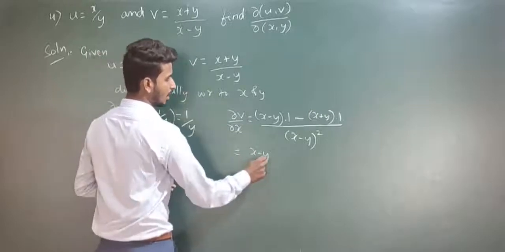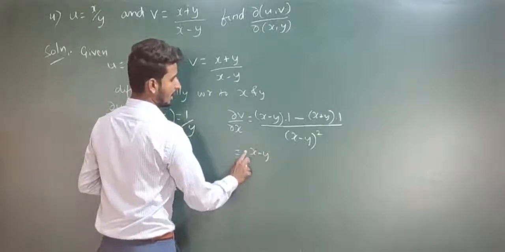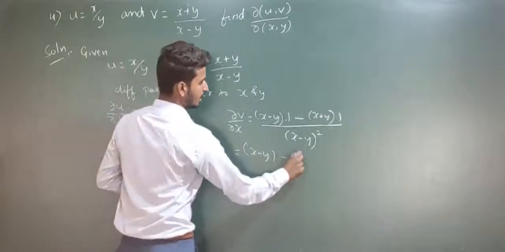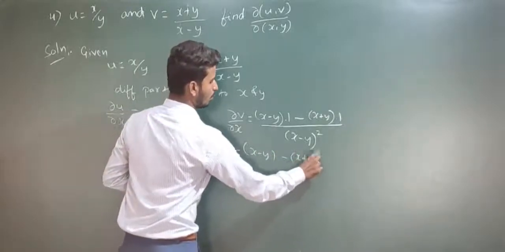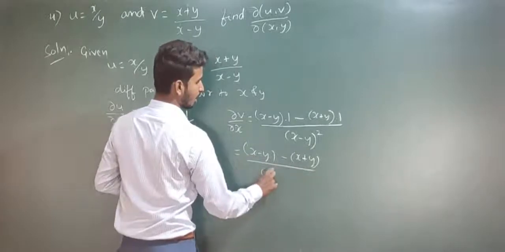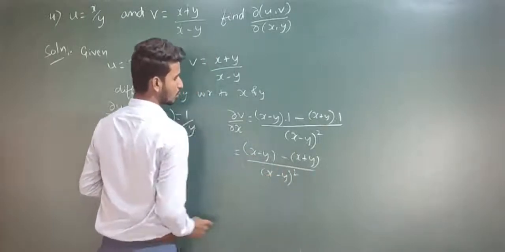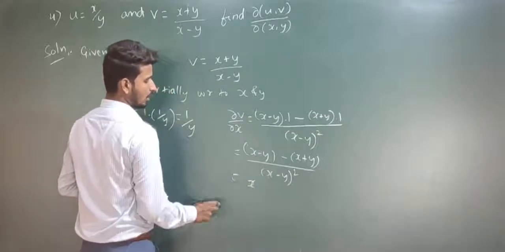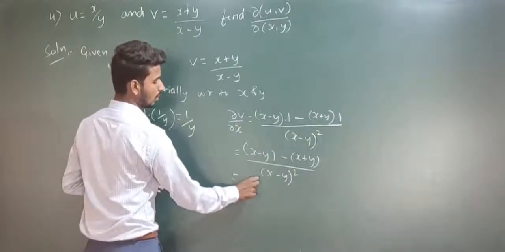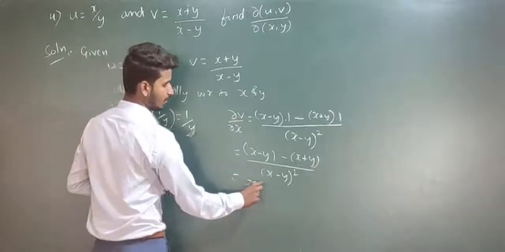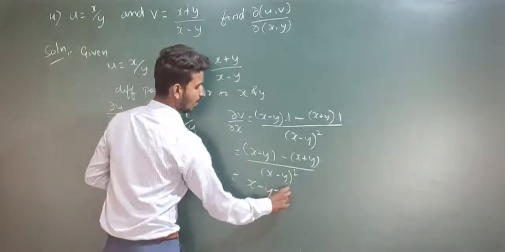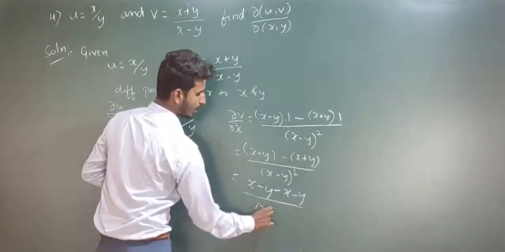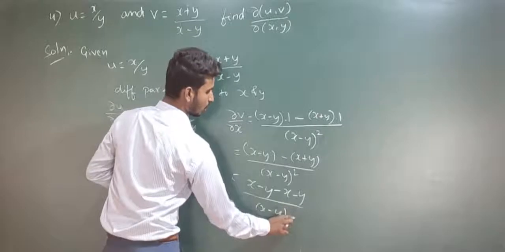Which is equal to x minus y minus x plus y divided by x minus y whole square, which is equal to x minus y minus x minus y divided by x minus y whole square.